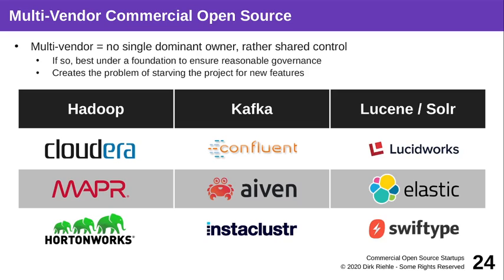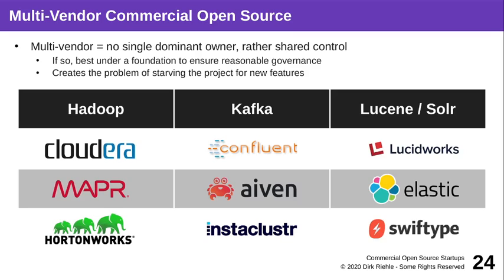Kafka had Confluent, Aiven, and Instaclustr competing, so that was a multi-vendor setup because Kafka is an Apache project, actually like Hadoop. These are all Apache projects here, so these are true community projects, and companies building on top of it would not own the core of the software. Another one yet is Lucene and Solr for search, so LucidWorks, Elastic, and Swiftype were separate vendors.